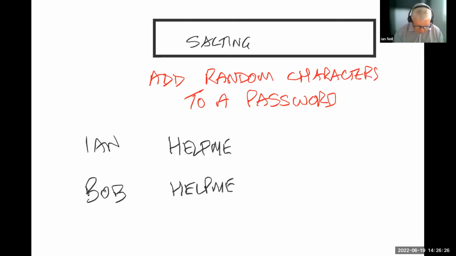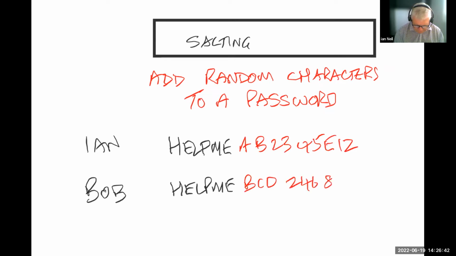Now, if we salt it, the salt might put AB2345E1Z, and it might be BCD2468 Alpha Bravo. This is not actually salting, this is a representation.